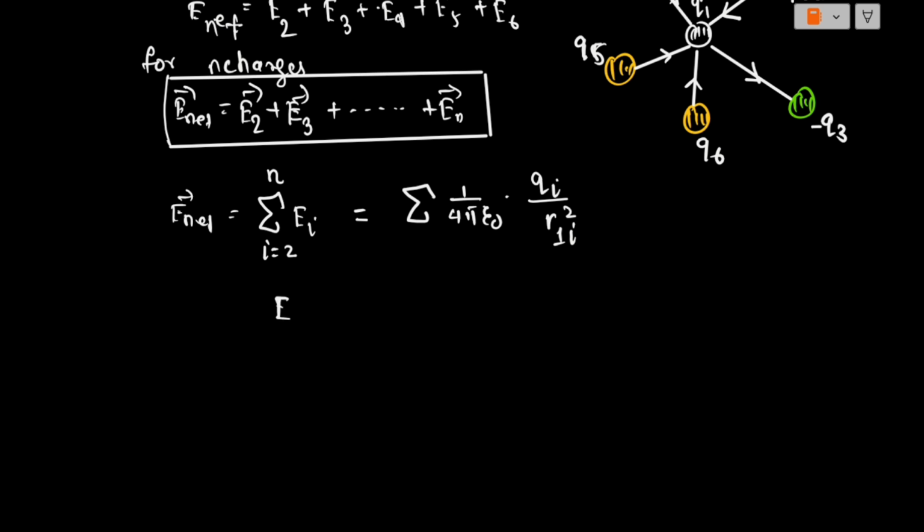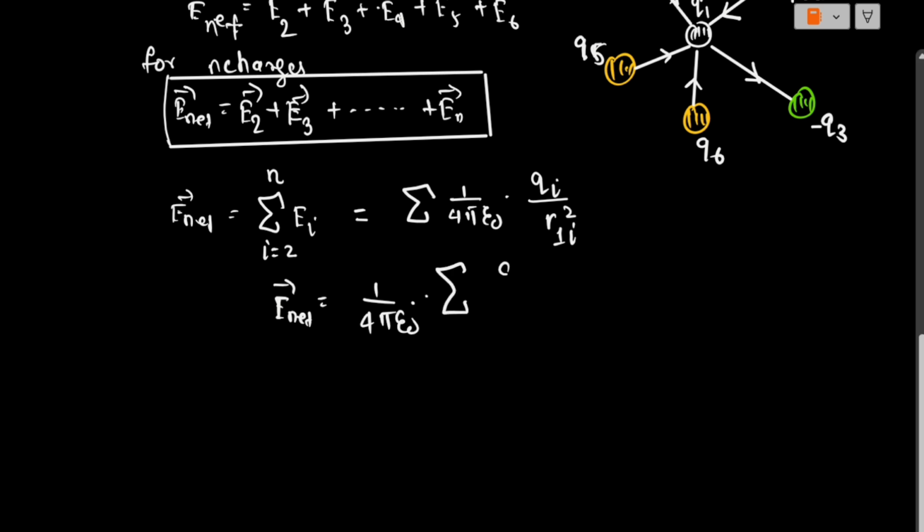So we can separate out the constant term. The constant term would be 1 over 4 pi epsilon naught, once again 1 over 4 pi epsilon naught, sigma qi over r1i square. Now, since we are writing in the vector form, we have to multiply it by the r cap.